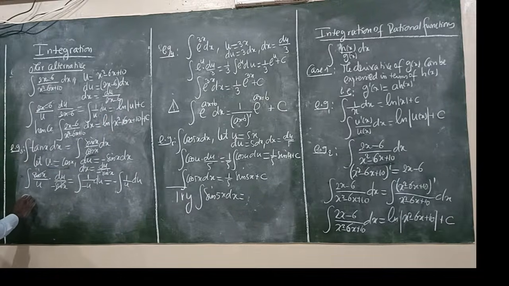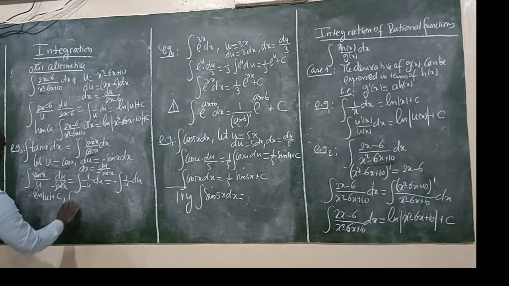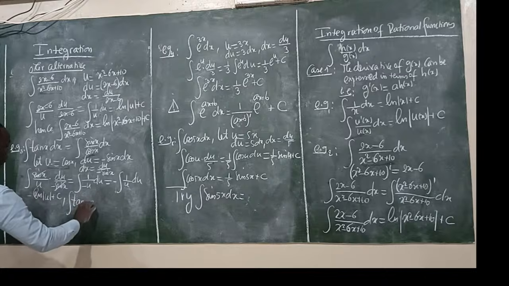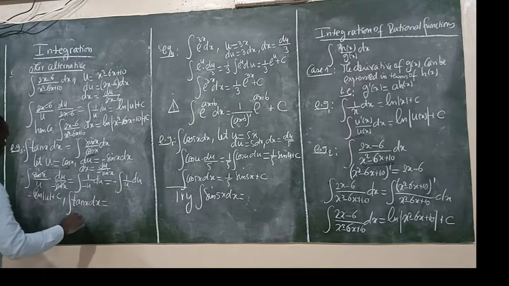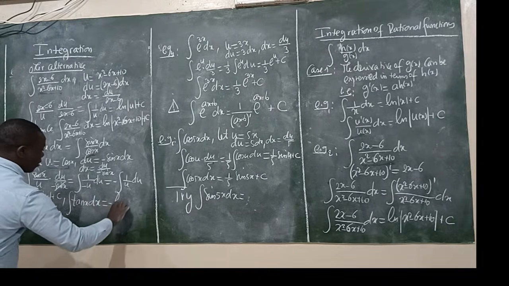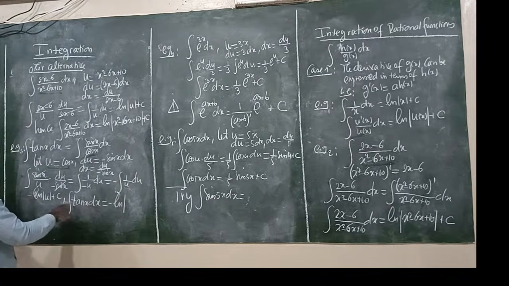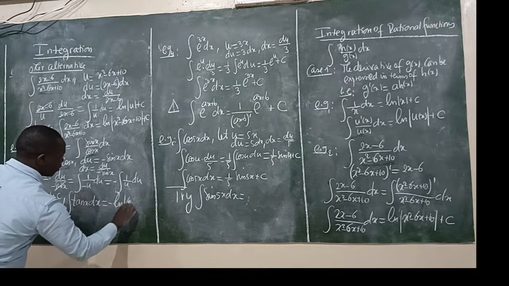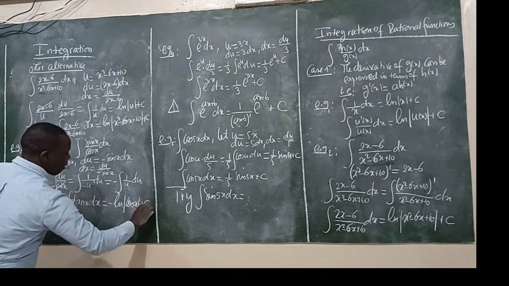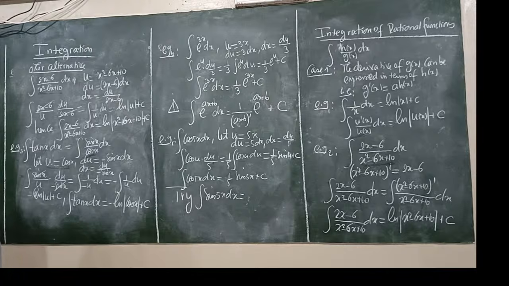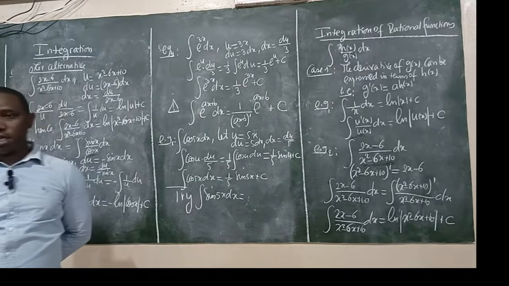Now we have minus ln of u plus c. Therefore, the integral of tangent x dx is equal to minus ln of, what is u? Our u here was assumed to be cosine x, plus the constant of integration, guys.